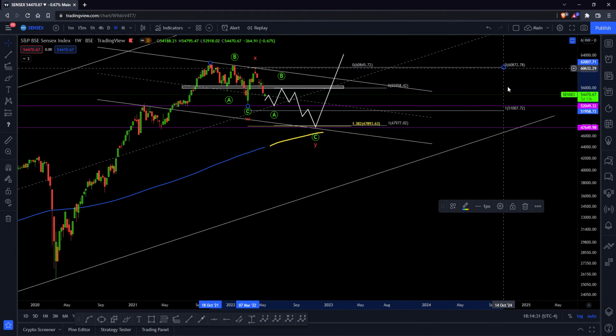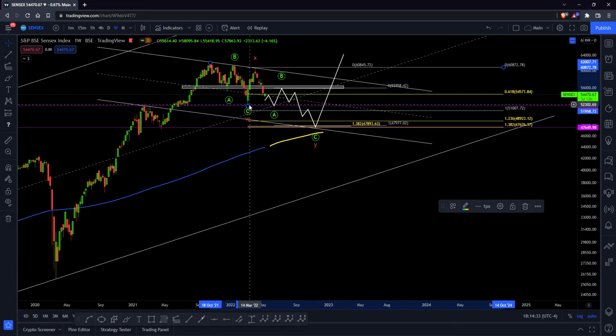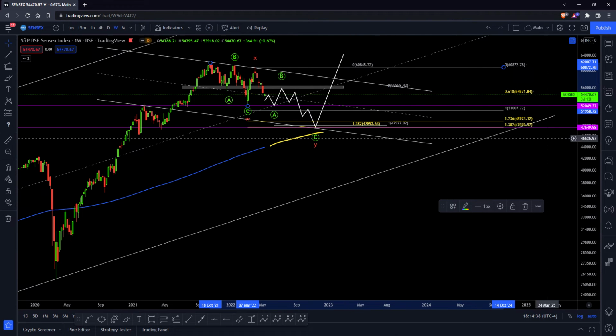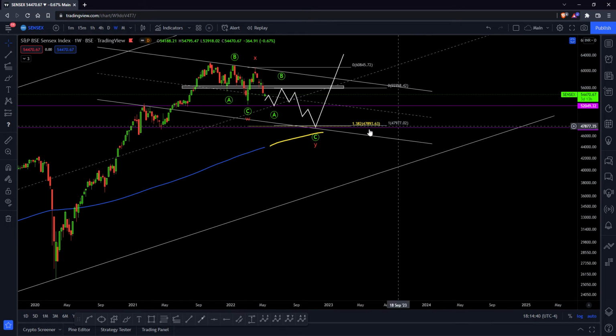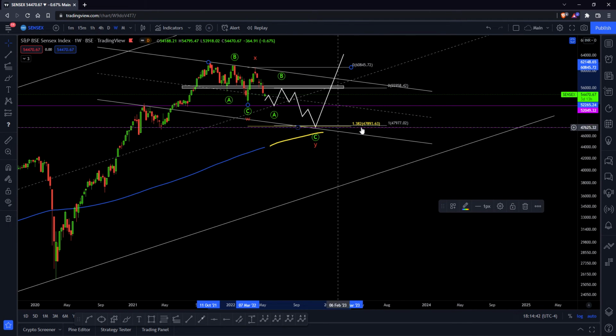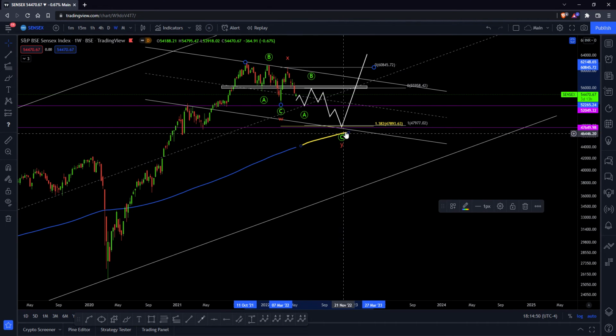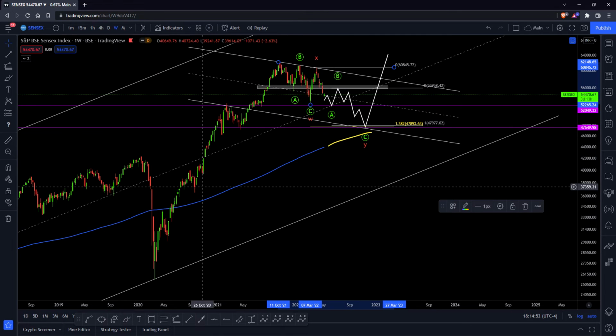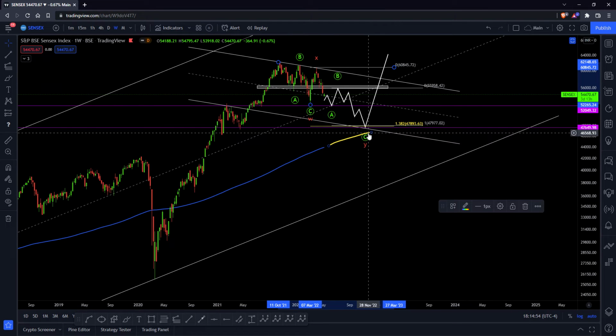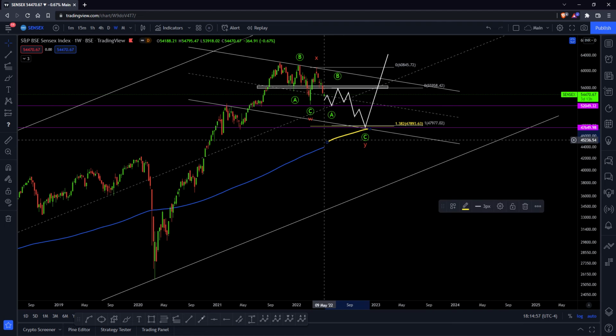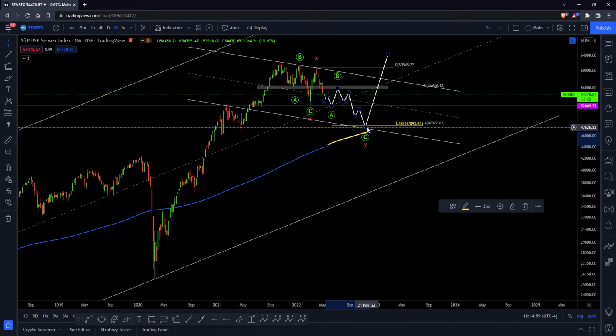If we project that down and see the targets, the 1.382 fib aligns right here, which I have already drawn. This is that 1.382. So I'm getting really nice confluence here, and it may also just touch this MA200, and this is a weekly chart. So there is confluence here for sure.